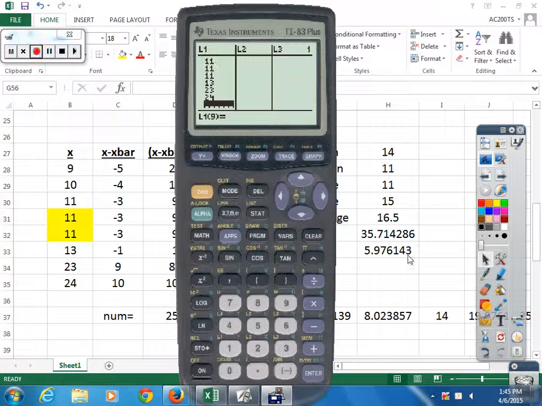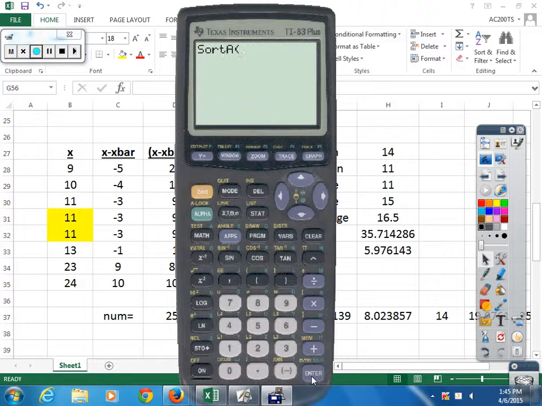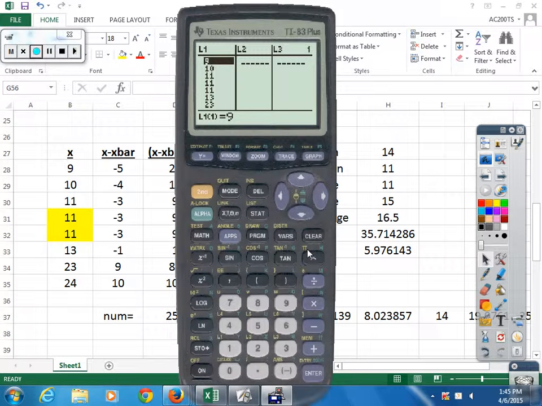Now if you need to put something in order, you just hit Stat, Sort A, Ascending, and L1. L1 is Second 1, close parenthesis, and it'll sort it. And if you want to look at it, there it is, it's sorted, which we typed in sorted anyway.